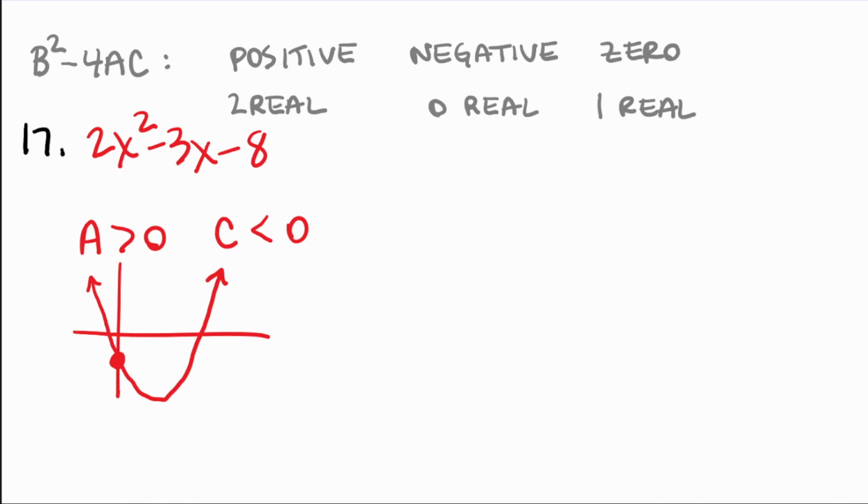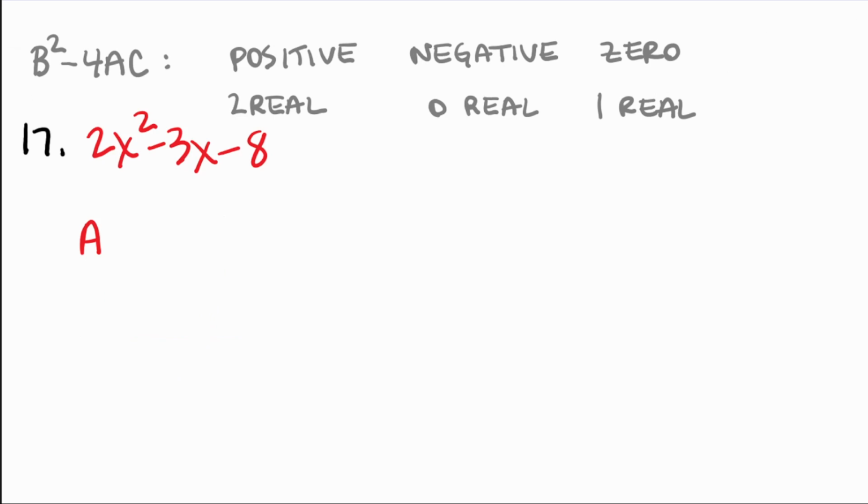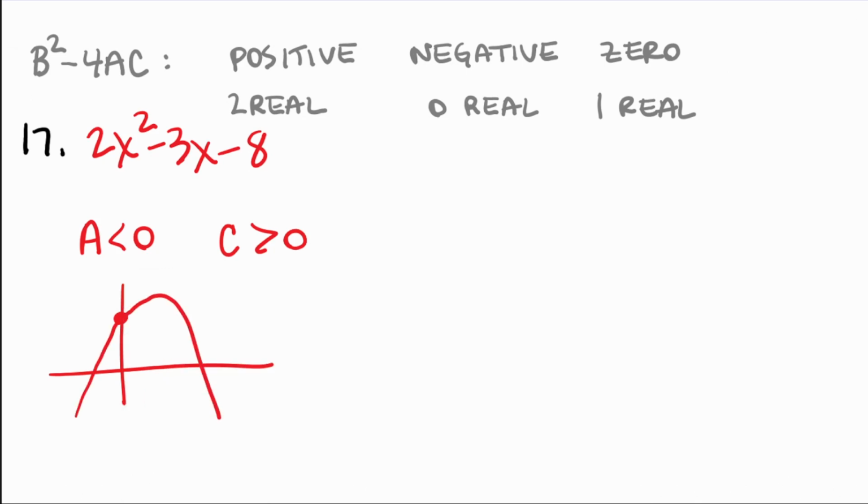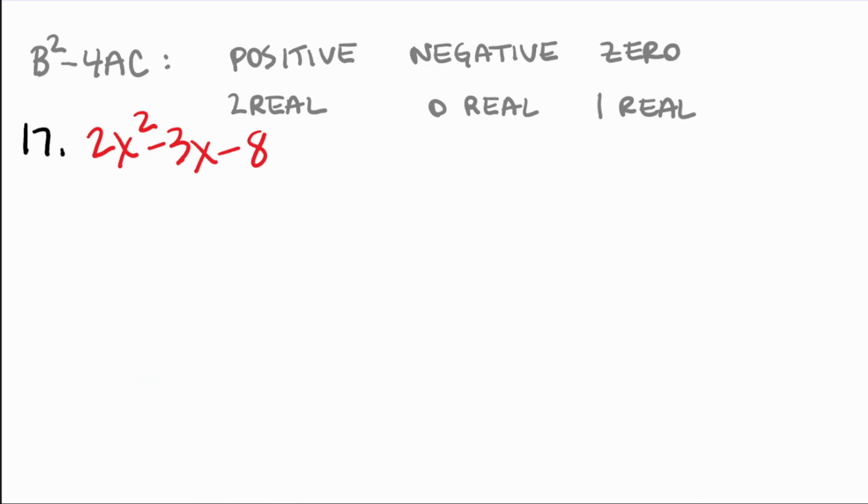Now, if we switch this situation around and A was negative and C was positive, we'd have the same thing, right? A is negative, so maybe it looks like that. Either way, there's going to be two x-intercepts, and so I can see there's going to be two solutions. I'm going to explain my reasoning in terms of b squared minus 4ac, but I just wanted to point that out for you in case anybody's watching and learning.